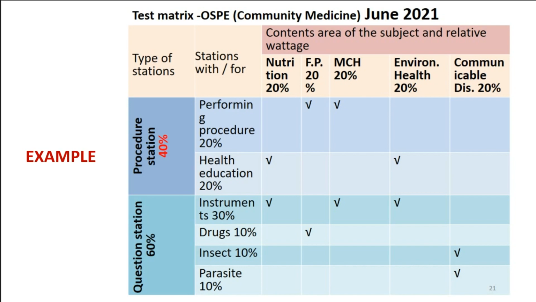Performance: question station 60%, procedure station 20%, health education 20%. Instruments 30%, drugs 10%, insects 10%, parasites 10%.